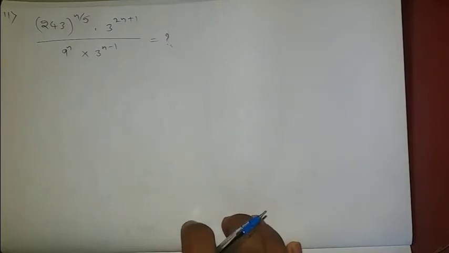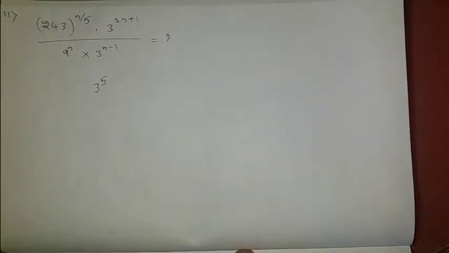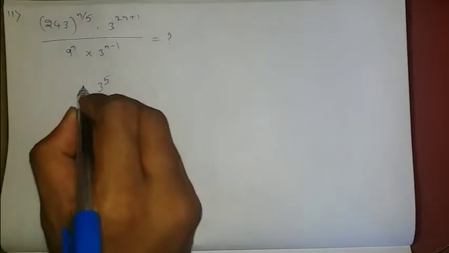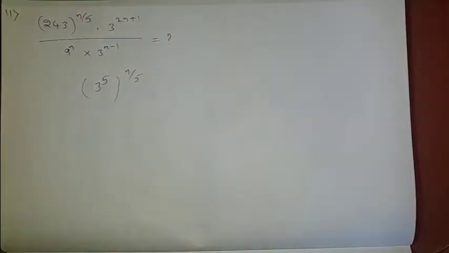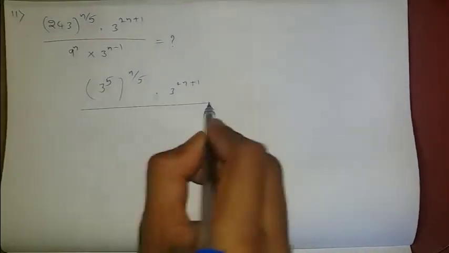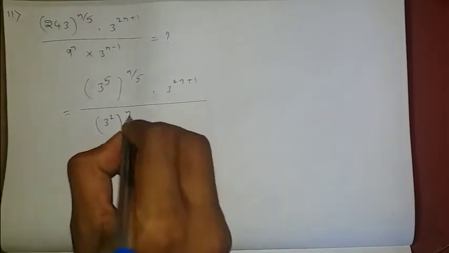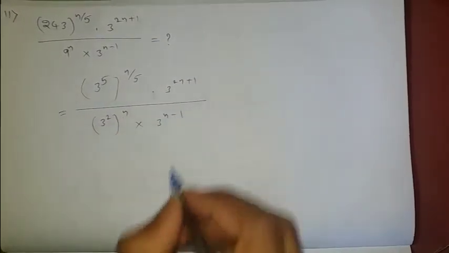What is the value of (243) whole power n by 5 into 3 power 2n plus 1, whole divided by 9 power n into 3 power n minus 1? Okay. 243 can be written as 3 power 5, whole power n by 5, into 3 power 2n plus 1, whole divided by 9, which can be written as 3 square, whole power n, into 3 power n minus 1.